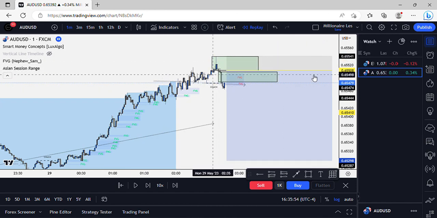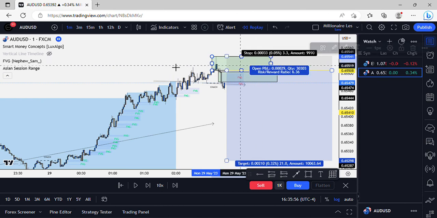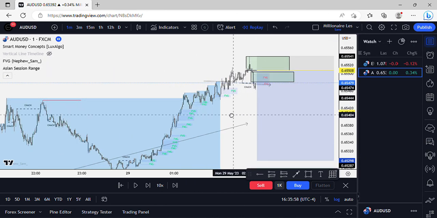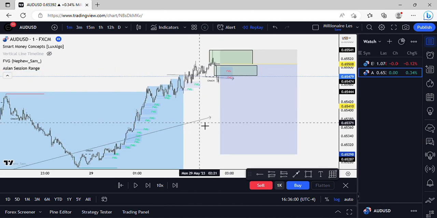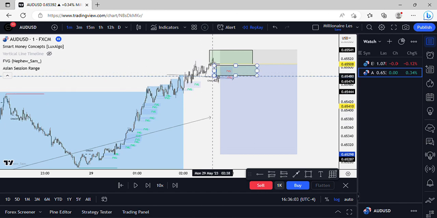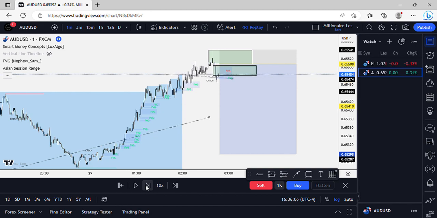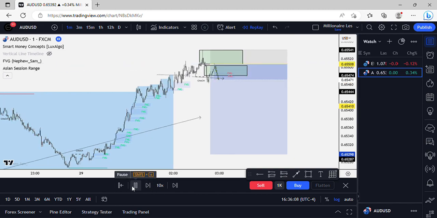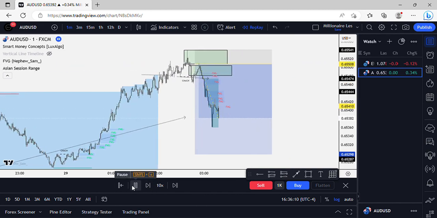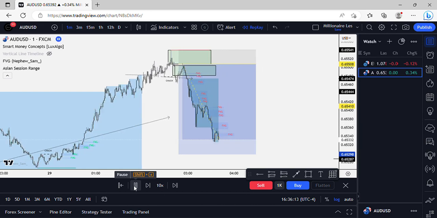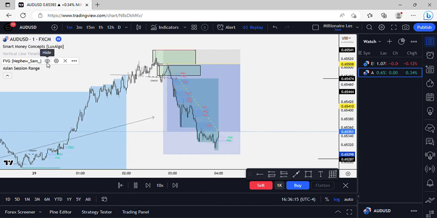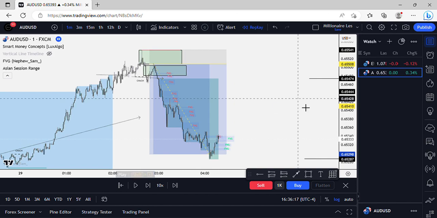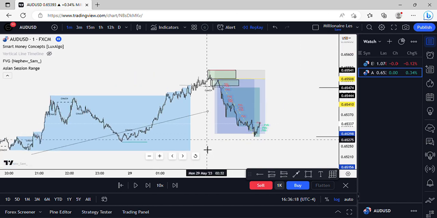But I also saw this order block too, where I was just like, okay, price is going to come up to here. Because what I noticed with AUD USD is it'll kind of have a little spike and then drop. And then boom, price filled that order block, filled that fair value gap, and then tanked and take profit hit.